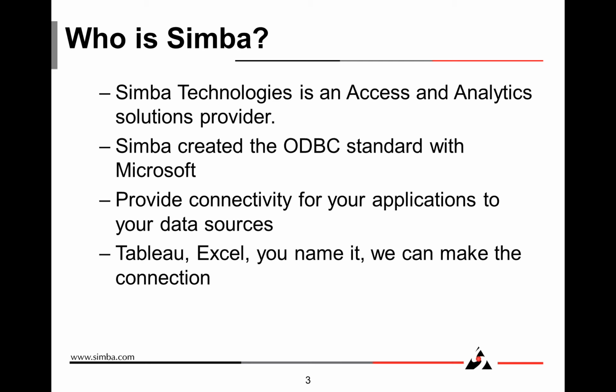So within Simba, if you're on our website and you're looking around, you'll sense that there are two product sides to the Simba family. One I would call relational data connectivity, and the other is multidimensional data connectivity. Relational is why we're here today. That's your ODBC, JDBC, ADO connectivity.